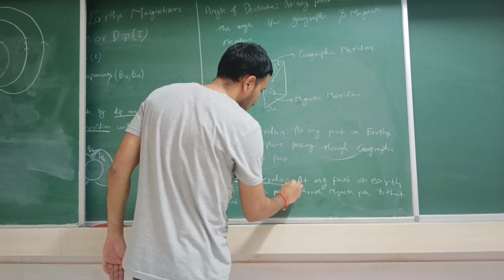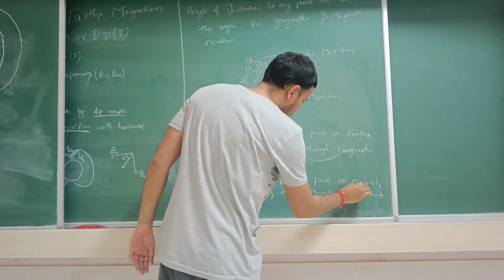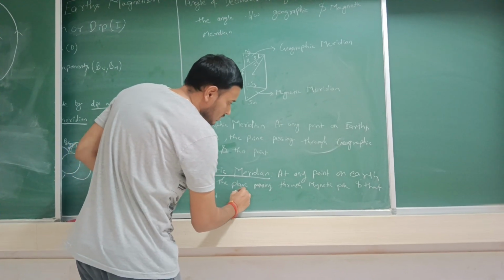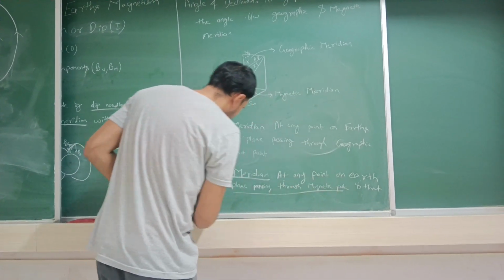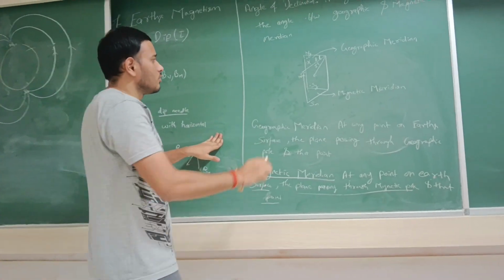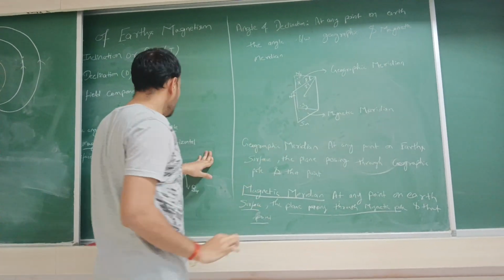What is the magnetic meridian? At any point on the earth's surface, the plane passing through the magnetic pole and that point is the magnetic meridian.